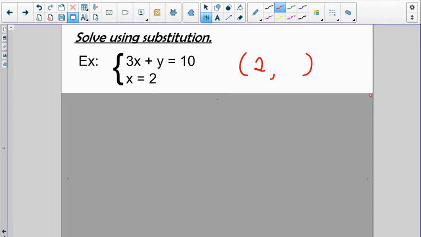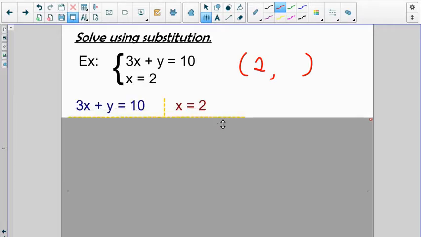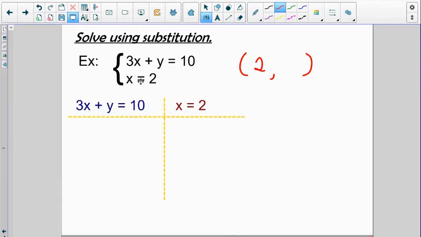We already know that the x value is 2. We know that because our equation tells us that. What we want to do now is use that idea that x equals 2 to solve for y. What I like to do with the substitution method is take my 2 equations and write them side by side. In the equation that I don't know the answer to, I'm going to use substitution.